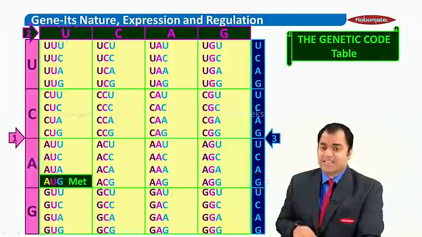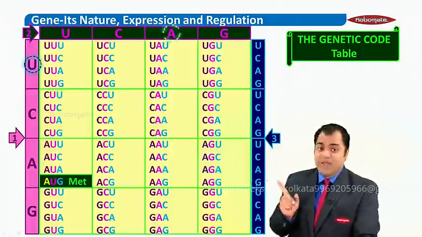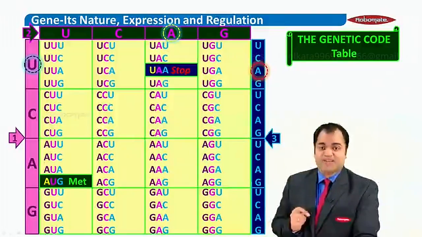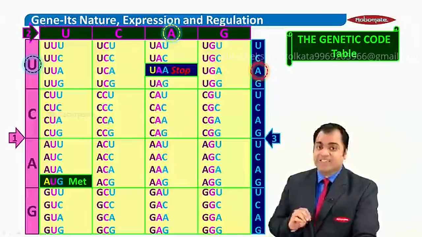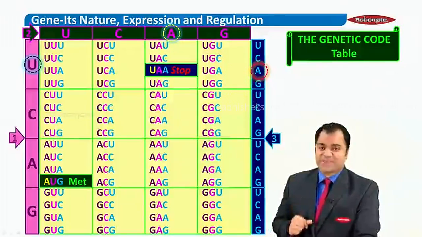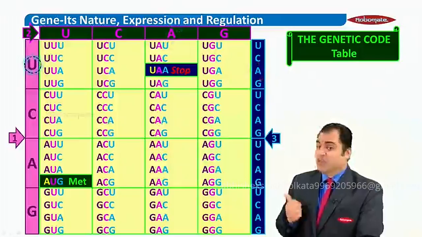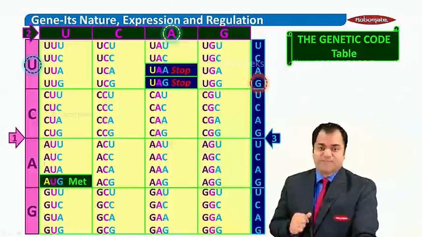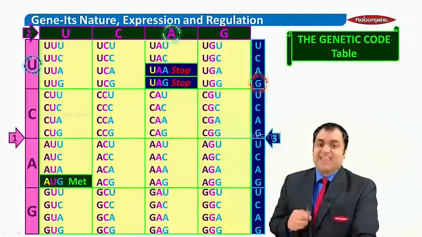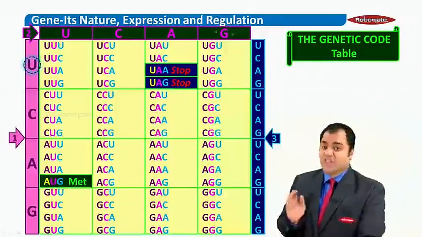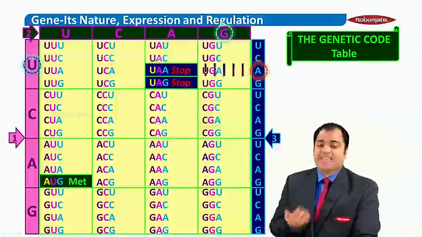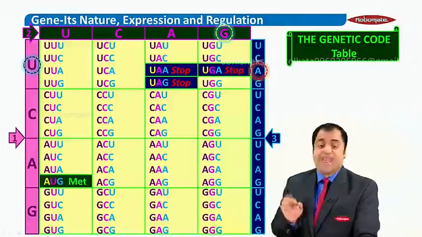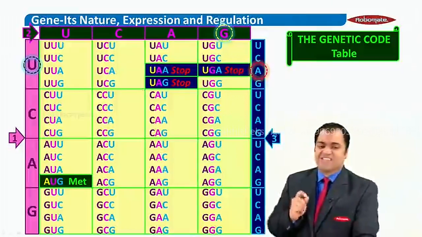The first one is, there you go, UAA, right there on the top. It's a stop codon. It does not code for any amino acid, so we just write the word stop. Then you have the next one, which is UAG. There you go, another stop codon or nonsense codon. And now you have one more, which is UGA, and that's your third stop codon. So you have identified the start codon and all 3 stop or nonsense codons.